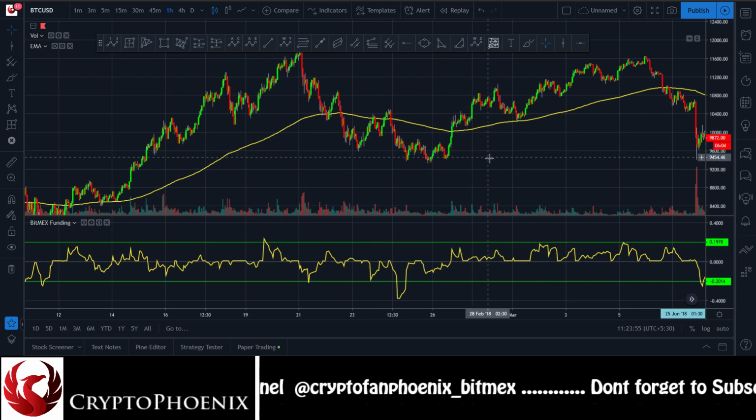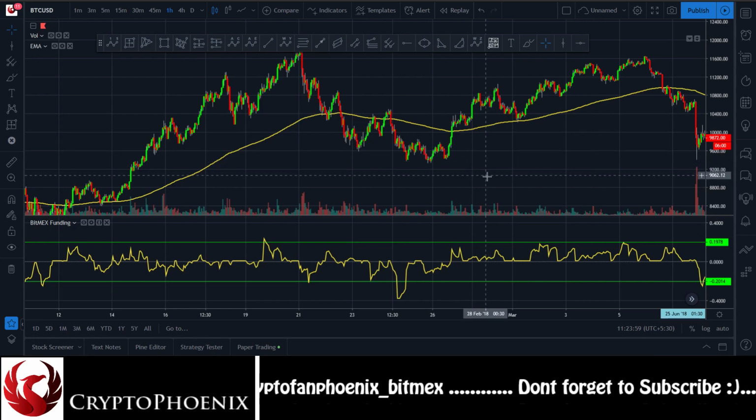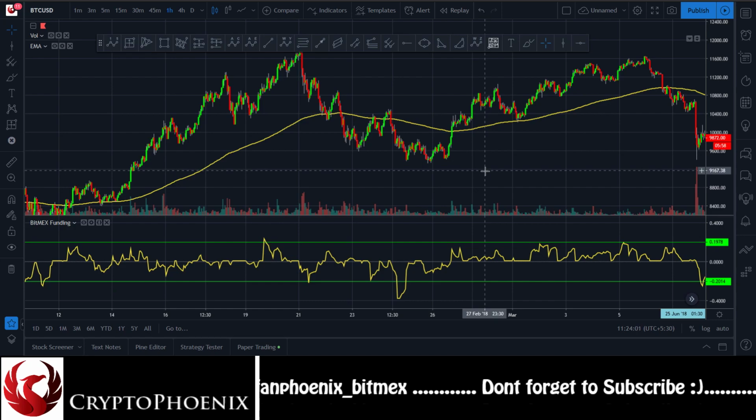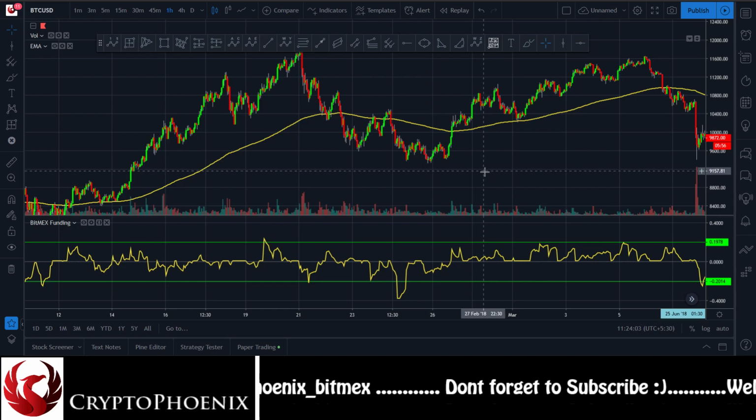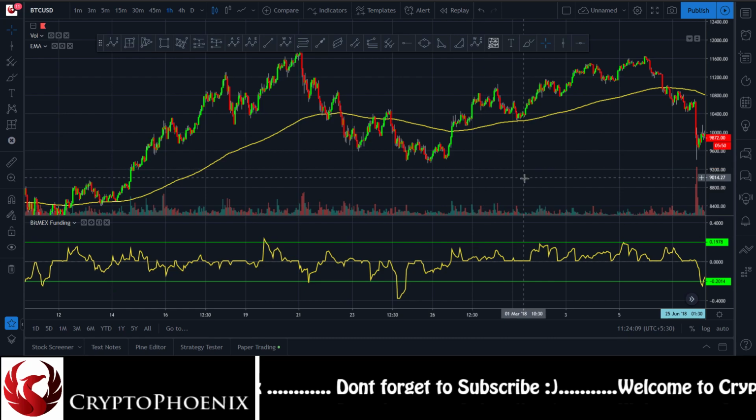And if you are downtrending, sorry, if you are downtrending and below the 200 moving average, and the funding rate spikes to the positive side, you have a short opportunity.